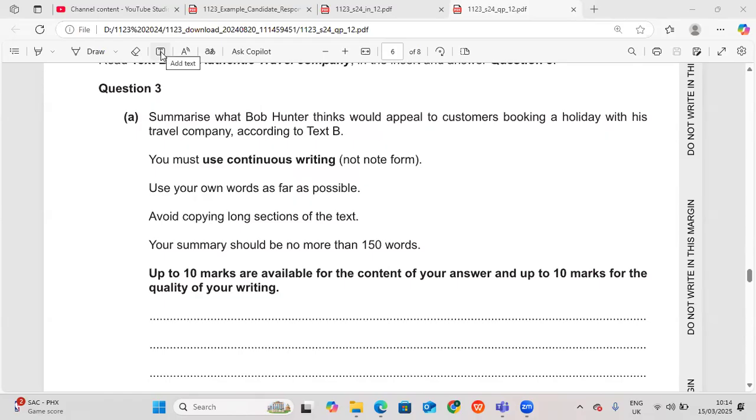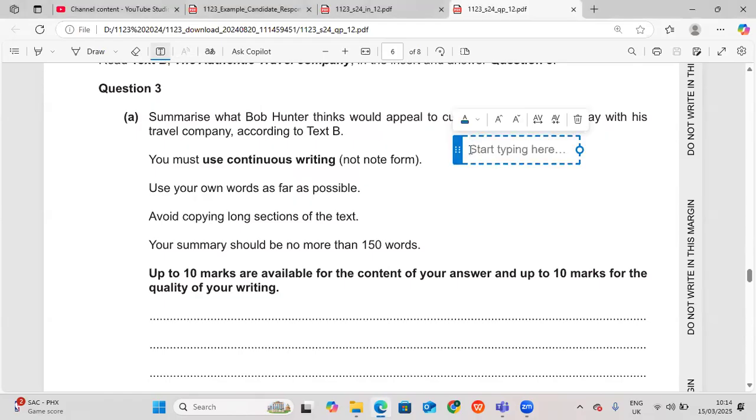Multiple strands means they can either ask you about one thing or two things. So it can be a one strand question or a two strand question.